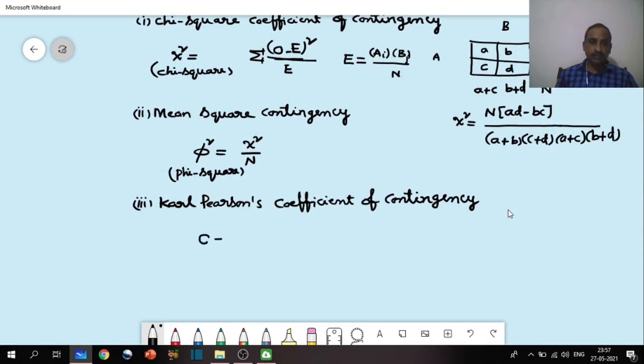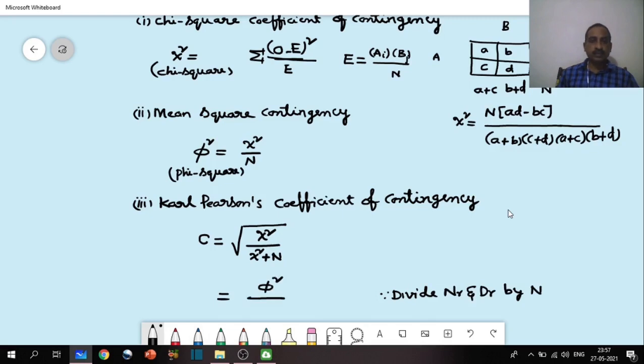It is denoted by C, that is the square root of chi-square by chi-square plus N. Or else, divide numerator and denominator by N: chi-square by N is phi square, so it is the square root of phi square by 1 plus phi square.